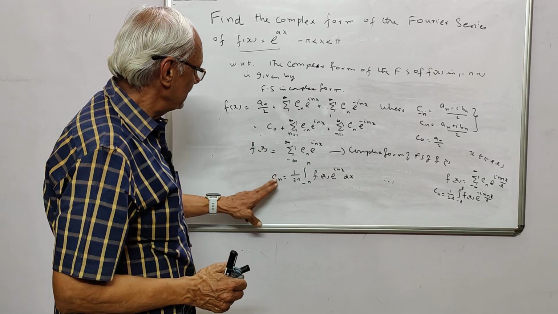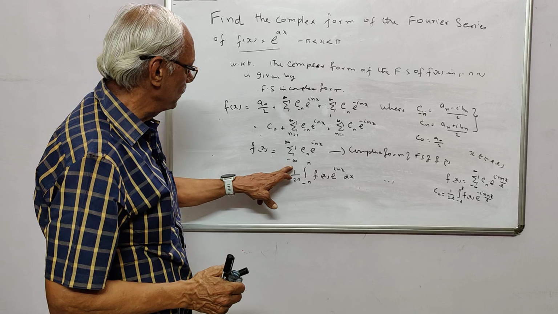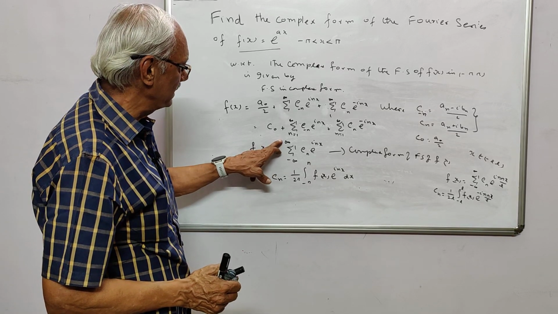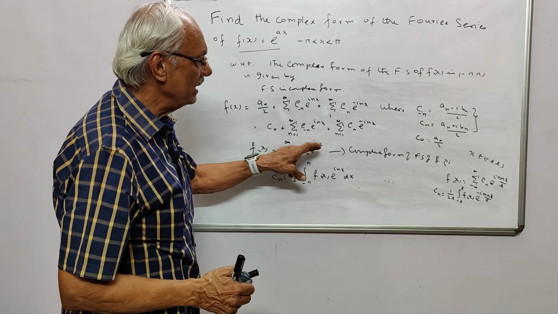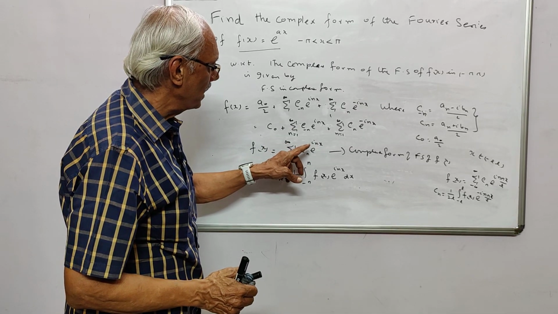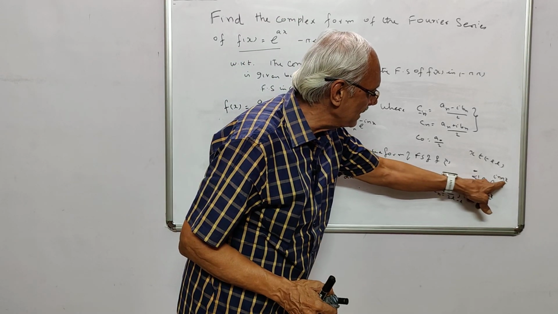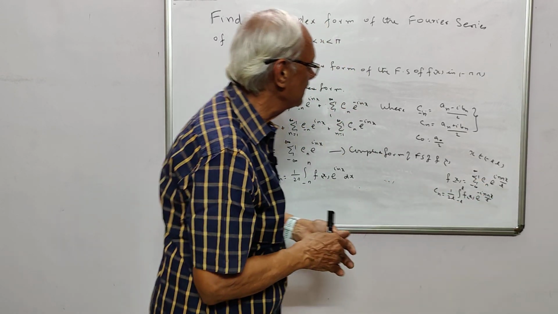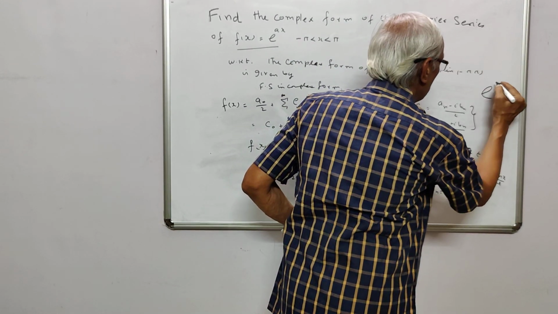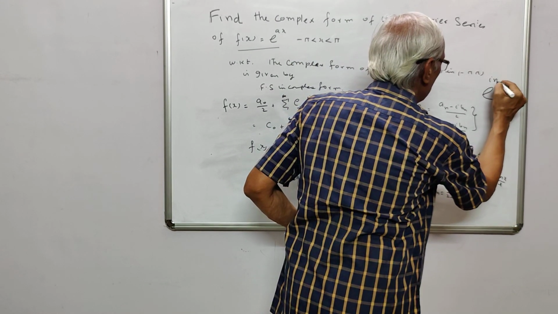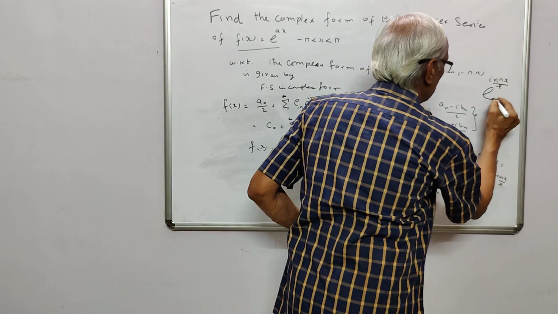Here f of x is given by the sum from minus infinity to plus infinity of C n e to the power of I n pi x by L. This is how you must write.